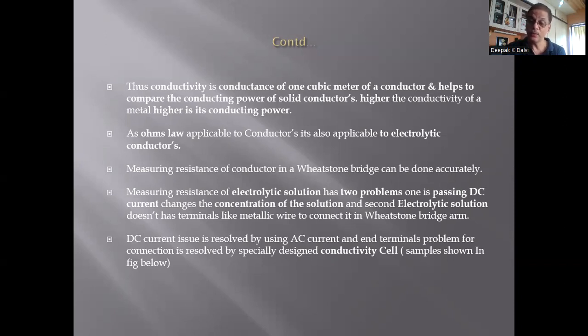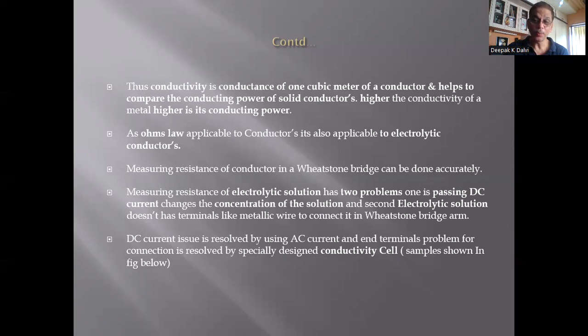Now, the terminals. How do we provide terminals to the electrolytic solution? For a metallic conductor it is not an issue, but for an electrolytic conductor this is an issue. So a cell is designed that is dipped in the electrolytic solution. The positive and negative terminals of that cell are assembled in an arm of the Wheatstone bridge.